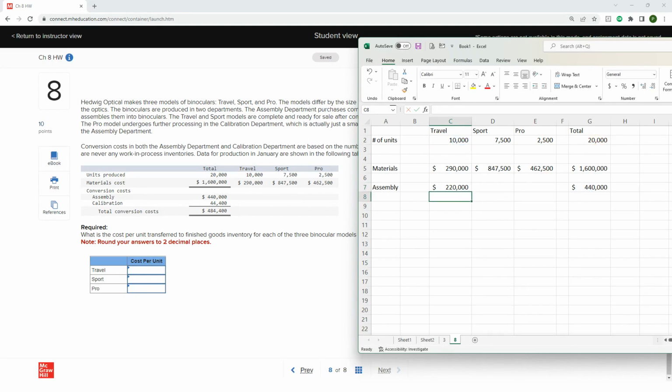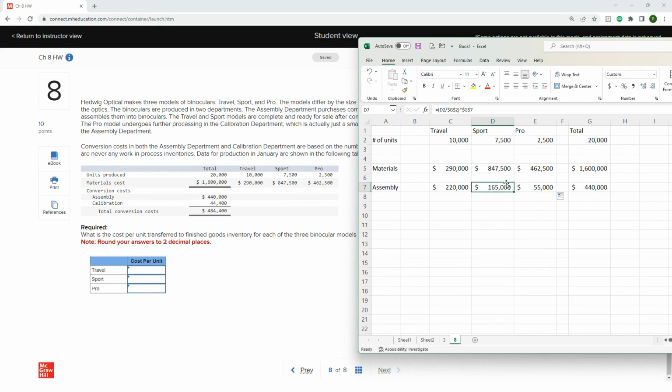allocated to the travel model. I'm also going to use a hard reference for G7, so I'm going to push F4. So now I can drag this box over so it'll copy the formula. And so it gives me $165,000 for the sport model and then $55,000 for the pro model.